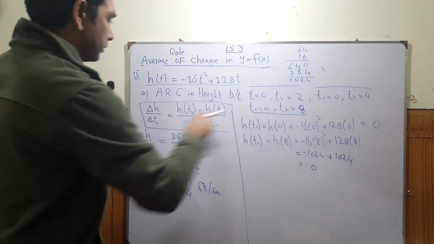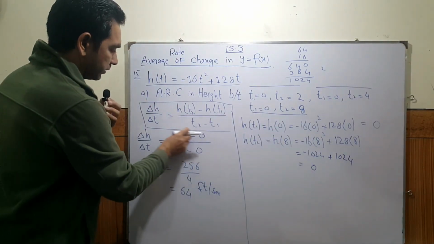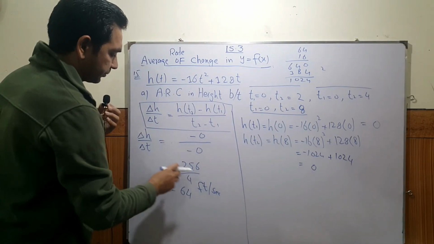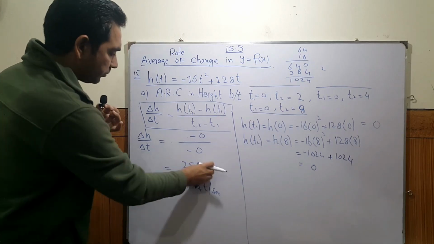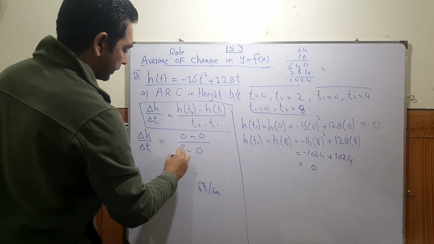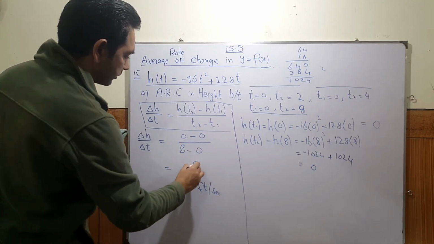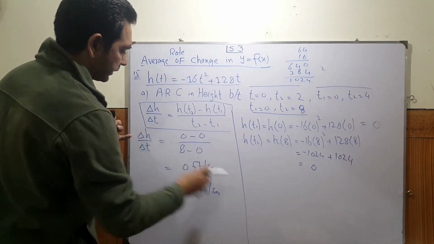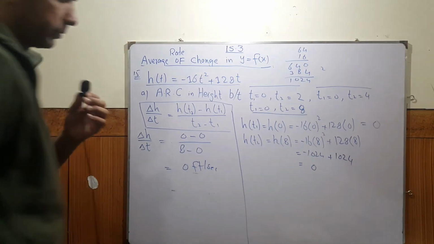Now we put these values in here. So 0 minus 0 divided by 8 gives us 0 feet per second.